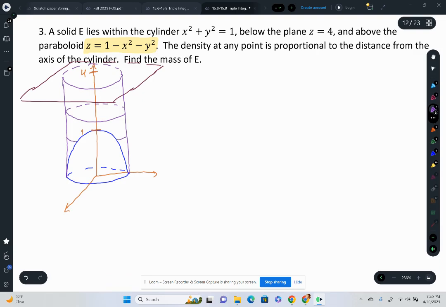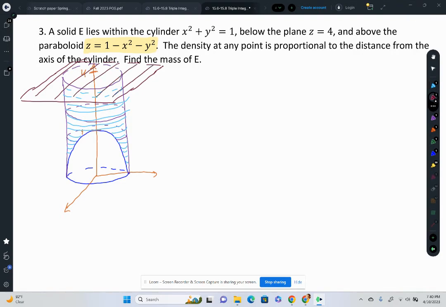We are looking at the region that is inside of this cylinder, not inside of the paraboloid. It is above the paraboloid. Do you see that? And it is below this plane. So this plane is up here in space.